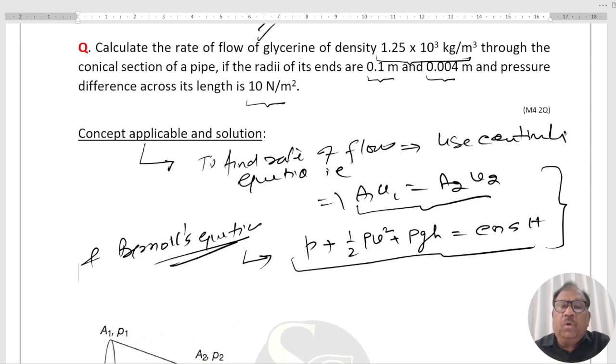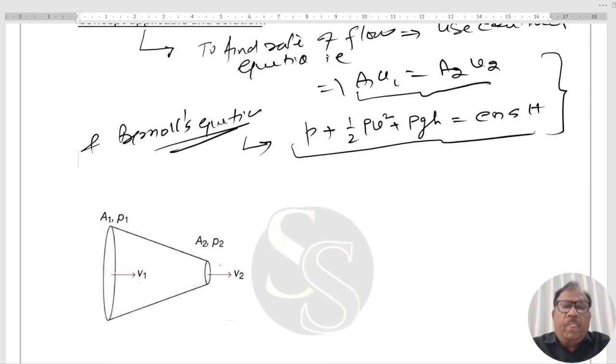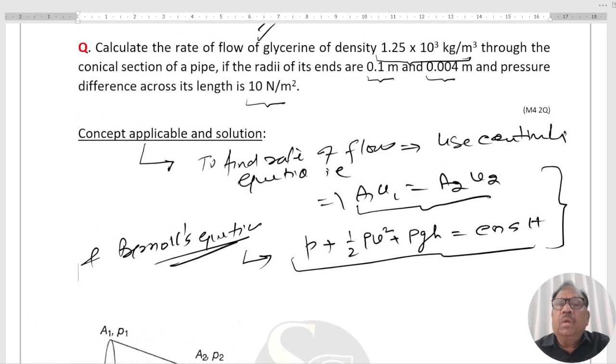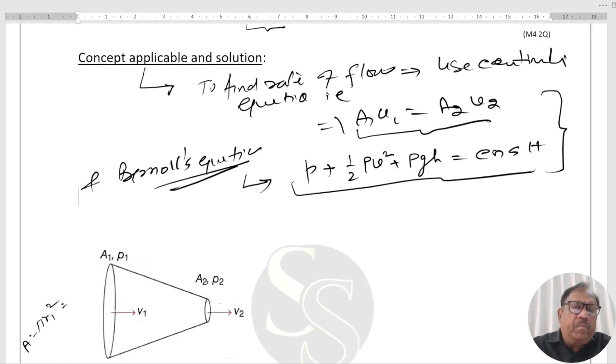Right? Now, according to the question, the density of the liquid is given. Area is pi R1 square. R1 is 0.1 meter.